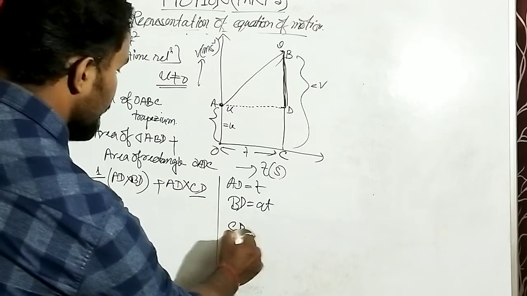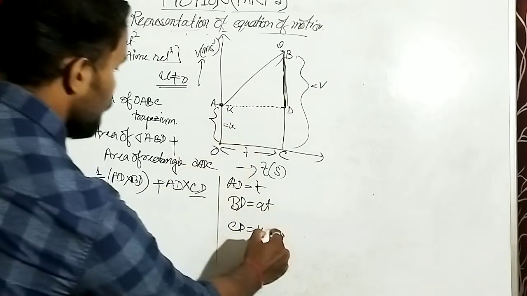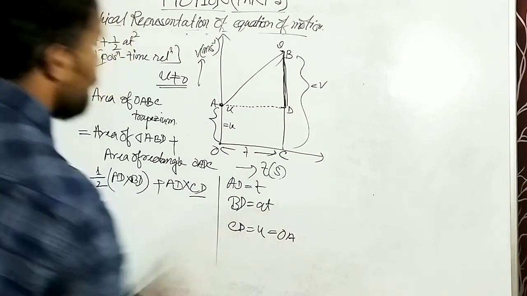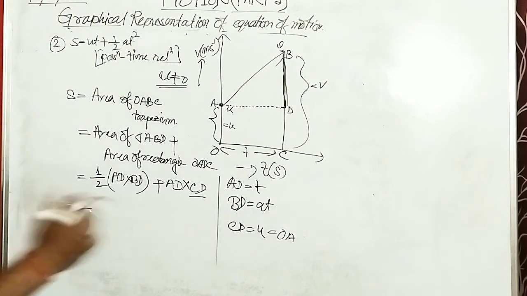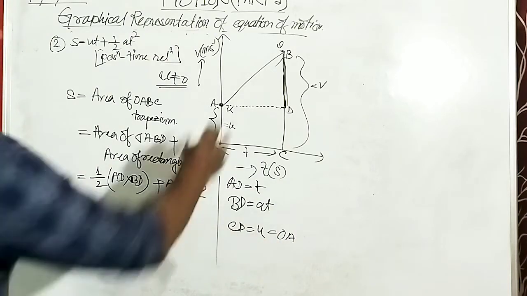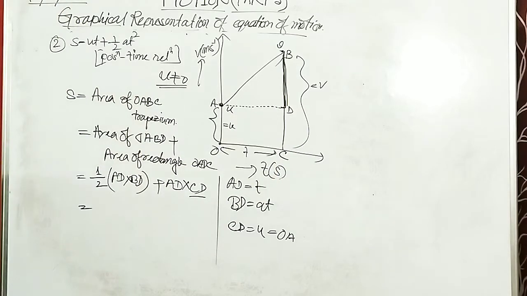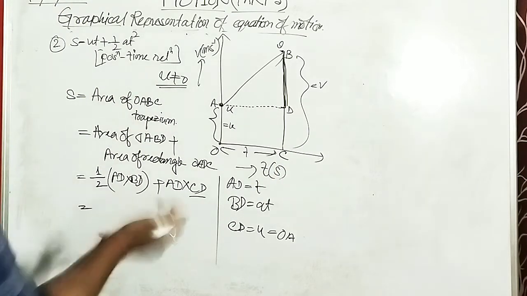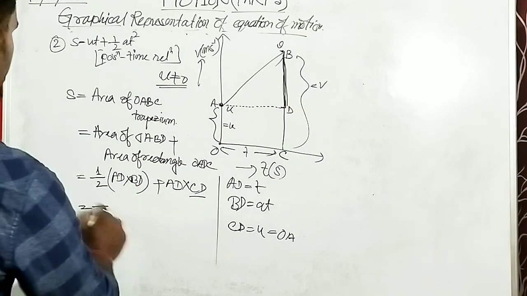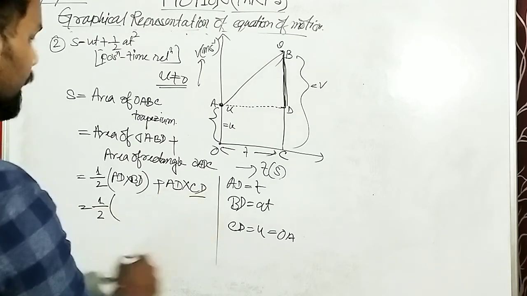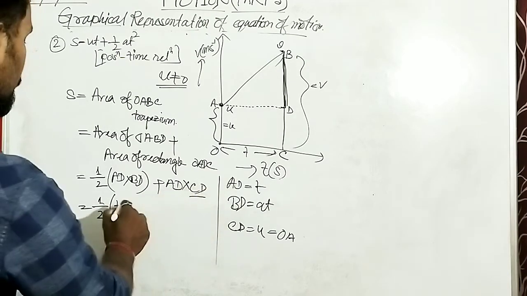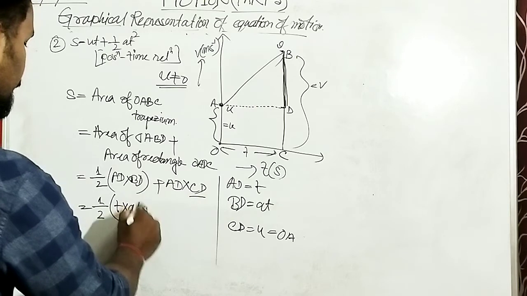CD is nothing but U, because it is equal to OA. Since all the lines are parallel, you can write CD equal to OA, because this AD is parallel to OC. Simple fact. Now we will just put the values here. Put the value of AD, it is T. Put the value of BD, it is AT.